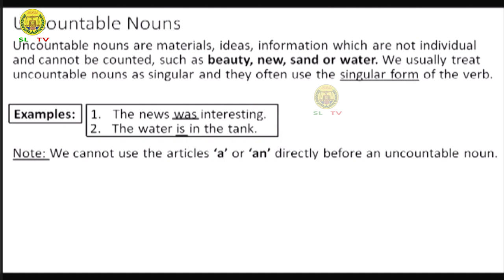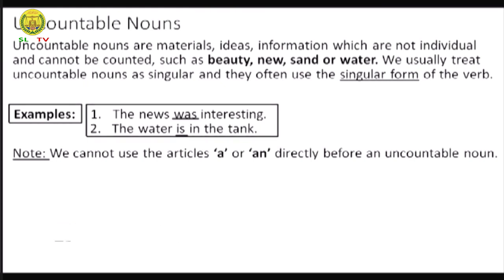If I move to the next, uncountable nouns are materials. This is an uncountable noun. What do we mean by uncountable? Uncountable means something you cannot count. So the definition is the opposite of the previous one. Uncountable nouns are materials, ideas, information which are not individual.